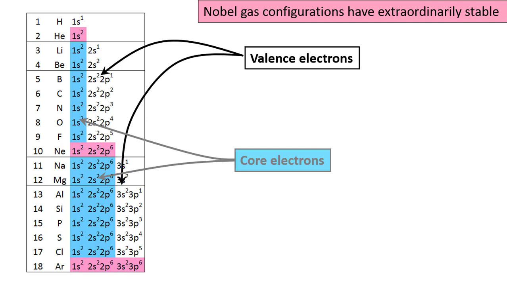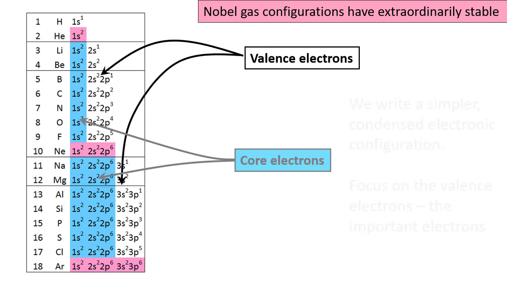This leaves the stable noble gas configurations as a set of core electrons, shown here in blue. And then this leaves behind the most important outer or valence electrons. It's these electrons, the valence electrons, that determine the characteristic chemistry of an element.